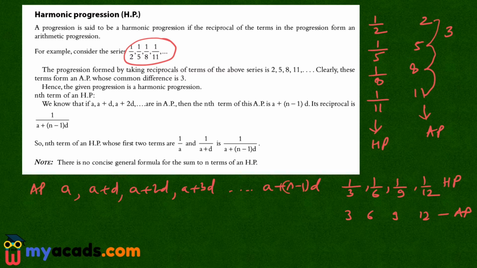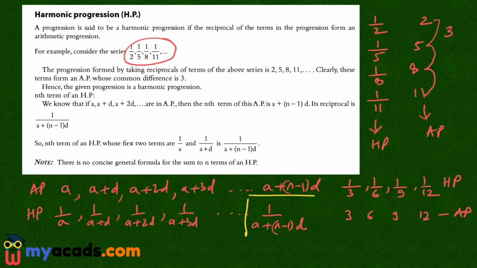So its reciprocal will be a harmonic progression, that is 1 upon A, 1 upon A plus D, 1 upon A plus 2D, 1 upon A plus 3D, and so on till 1 upon A plus n minus 1 D. So the nth term of harmonic progression is given by 1 upon A plus n minus 1 into D.